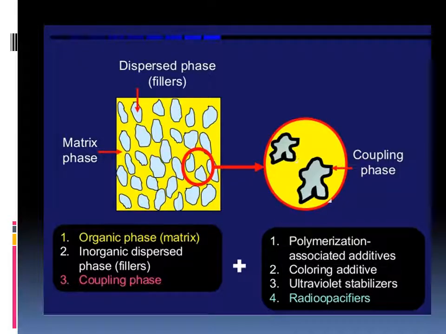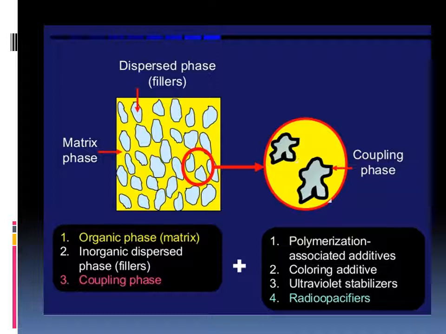appearance. This is a diagrammatic representation of the filler and the resin matrix and the coupling agent or the silane coupling agent. So you have the organic matrix, which is the yellow part, and the large white particles represent the fillers, which are the dispersed phase.